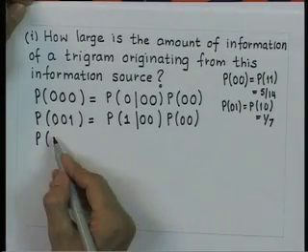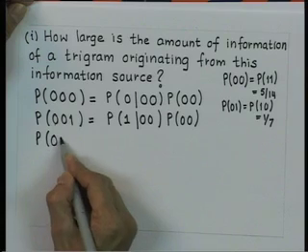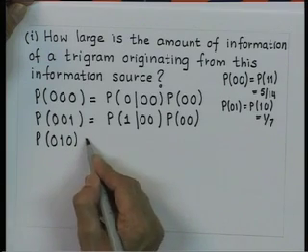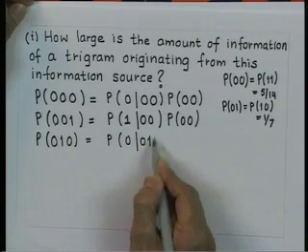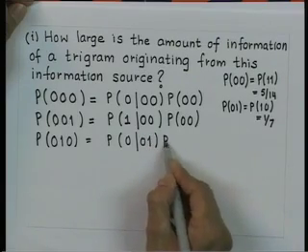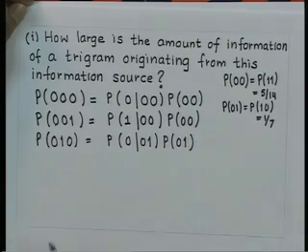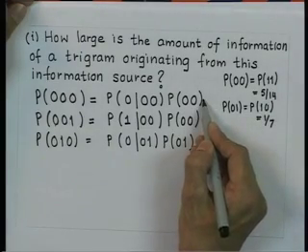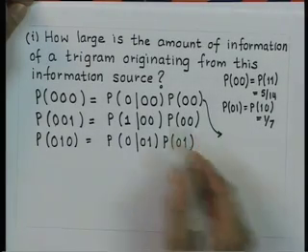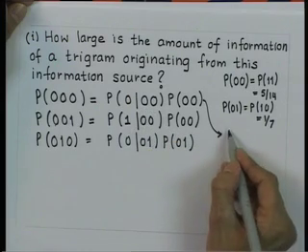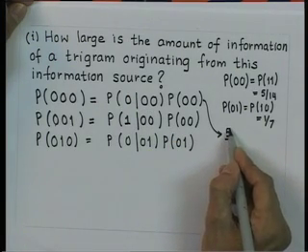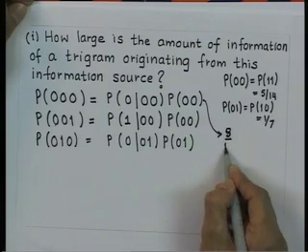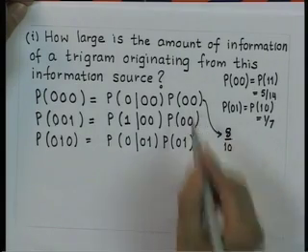Now, the probability of 0, 1, 0 is again the probability of 0 given I was in state 0, 1 multiplied by the probability of 0, 1. Now, the quantity probability of 0 given 0, 0 is 8 by 10 because 0.8 has been given to us.